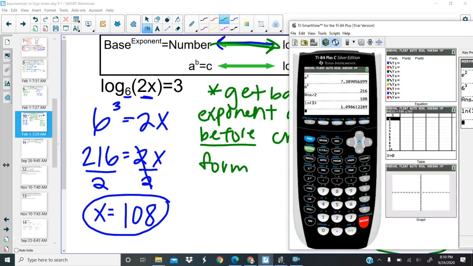And then since I was just talking about the ln button, there is a just plain log button that's right there on the calculator above the ln button. And that's going to be that regular logarithm that has that base of 10. So if you need to use a logarithm with the base 10, you can just use that button. Otherwise, you're going to need to do that math up and get the log base in there.